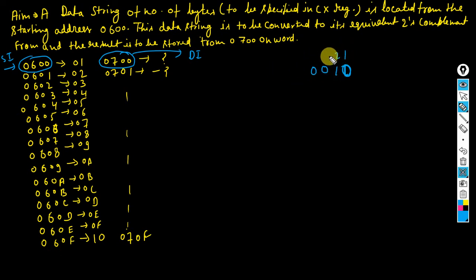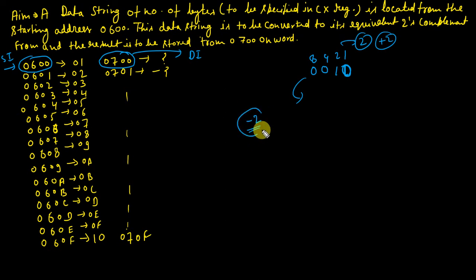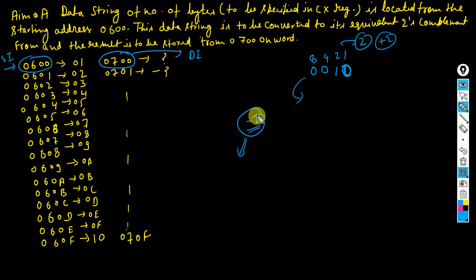With place values 1, 2, 4, 8, this is plus 2. Suppose we want to change this number to minus 2. To represent the same number as minus 2 in binary, we use 2's complement.